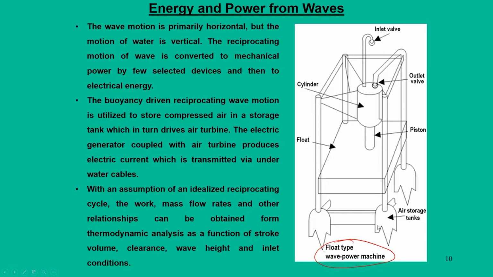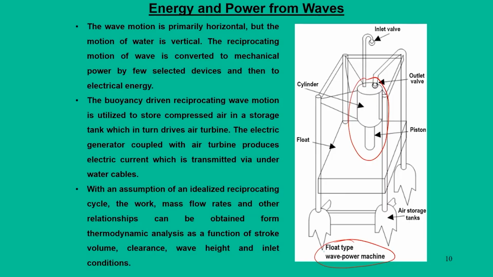Now, to store this energy in a tank, we have a device which is a kind of piston cylinder device, or you can say a compressor, and this is put on a float. A float is a device which normally floats on water, and here the float floats on the wave.